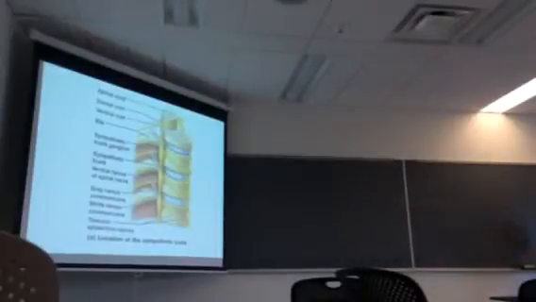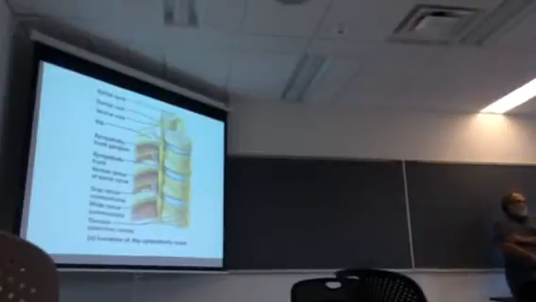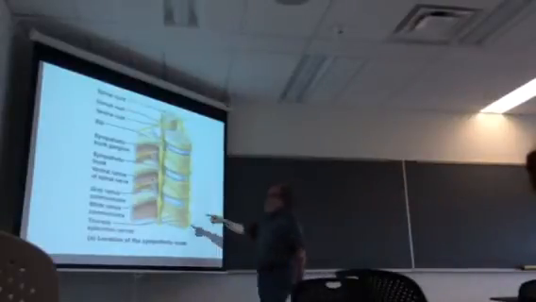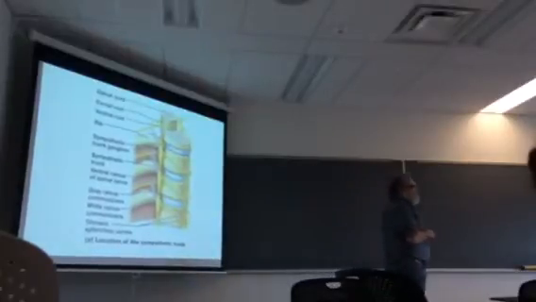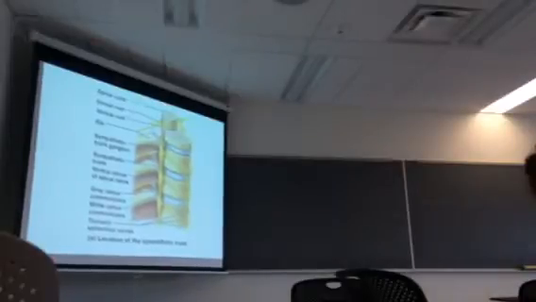Now, the gray ramus and the white ramus, all of a sudden is telling you information. The white ramus has preganglionic axons in it from the cord. The gray ramus has postganglionic axons that are leaving the chain and going out. Huh. That's cool when the name actually helps. Not too many times in anatomy that the name helps this much.